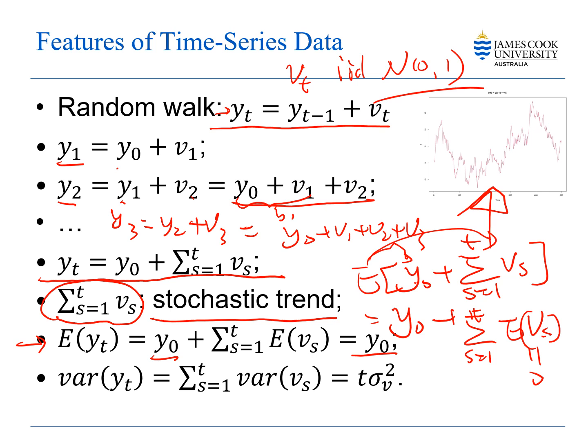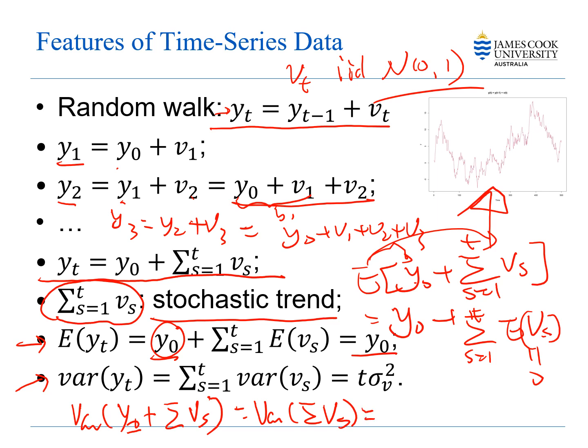So we get y0. For the variance, the constant term drops, so it's the variance of y0 plus the sum of Vs. Because y0 is the initial value, we treat it as a constant, so we drop it from the equation, leaving the variance of the sum of Vs. Because V1, V2, up to Vt are independent, we can pull the summation outside the variance.